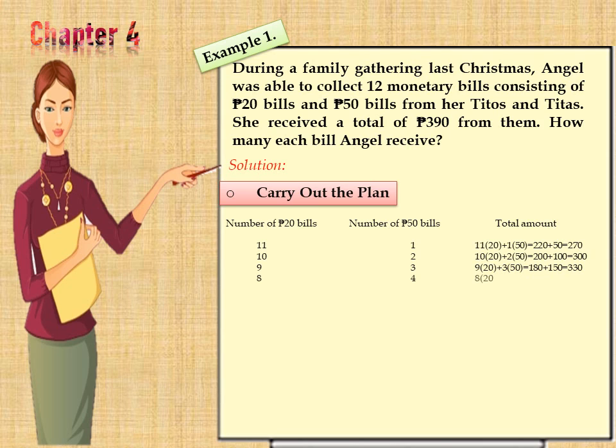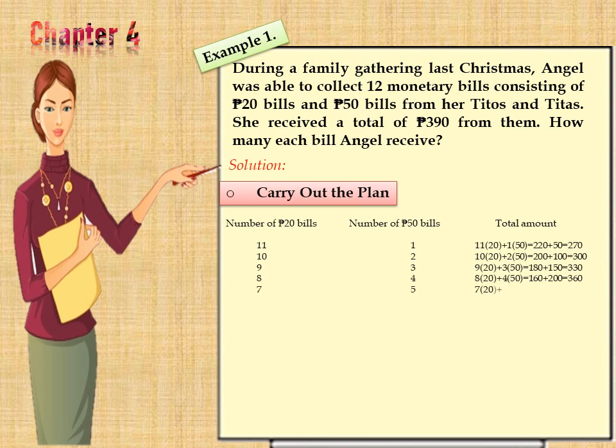Next is 8 20 peso bills and 4 50 peso bills. So we'll have 8 times 20 plus 4 times 50. This will give us 360. Okay? So again, it's still not equal to 390. So we will find another distribution.